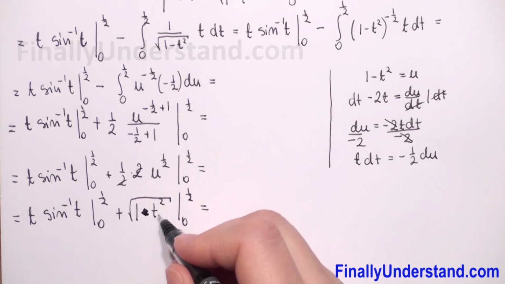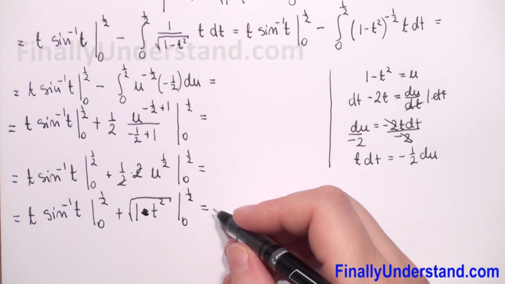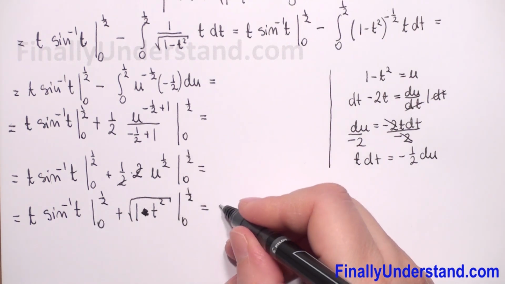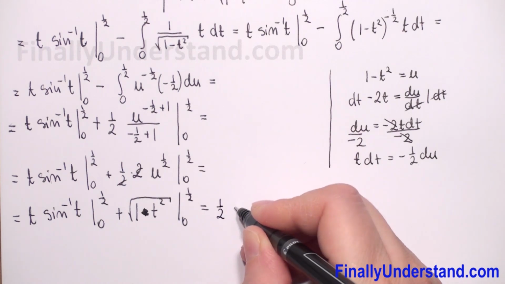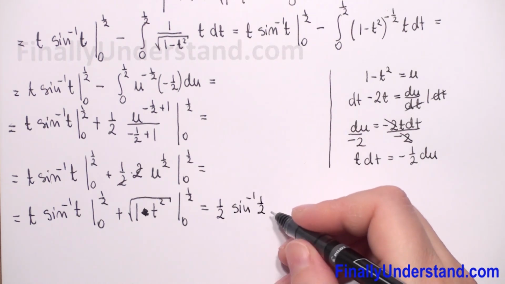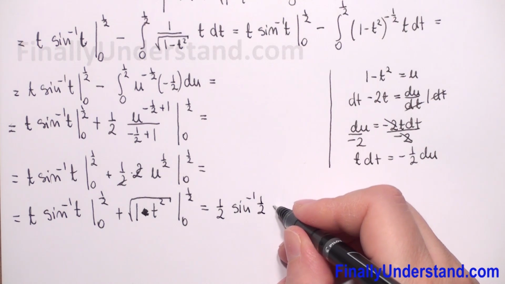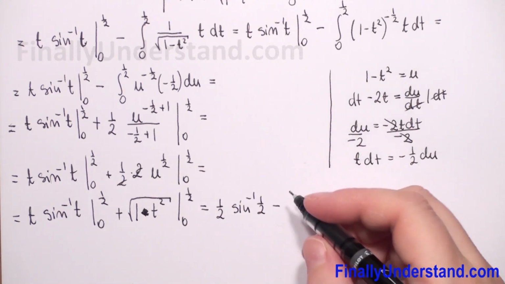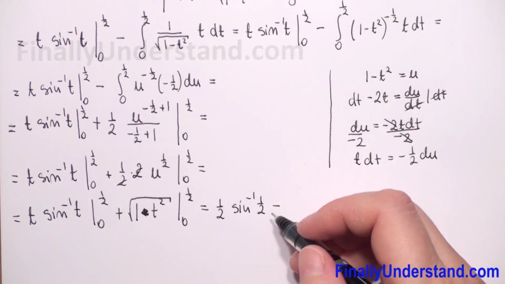So this is equal to, now we have to plug in the limits, minus, of course, we have here minus 1 minus t squared. Now we plug in the upper limit first, so we have 1/2 inverse sine of 1/2, minus, now we plug in 0, so when you multiply 0 times inverse sine, it will be 0, so we don't have to put it.